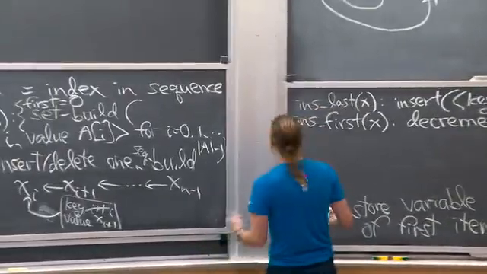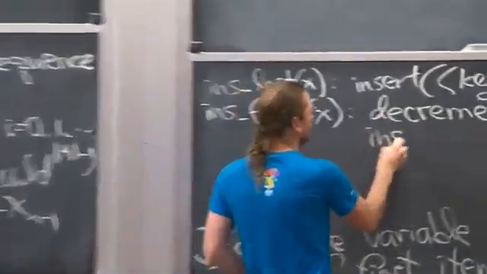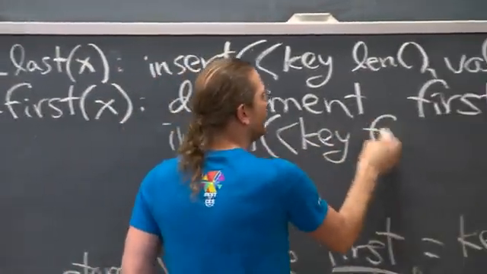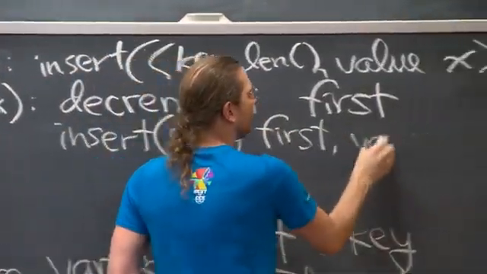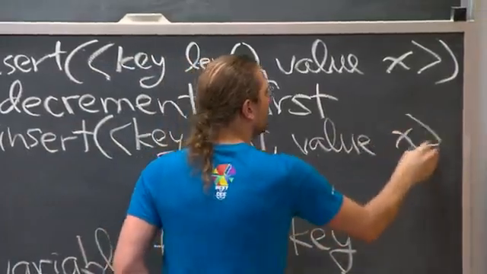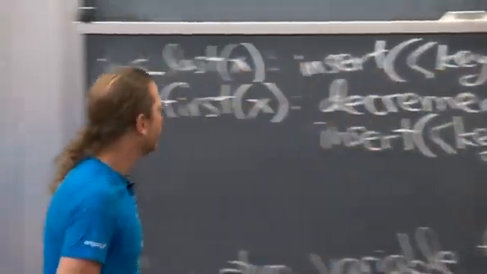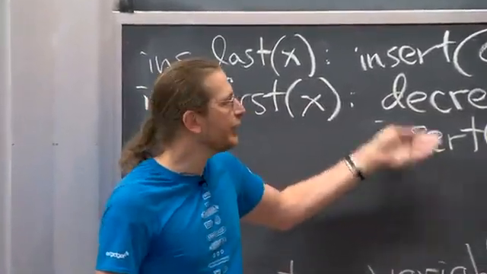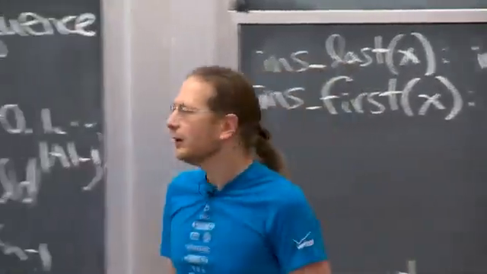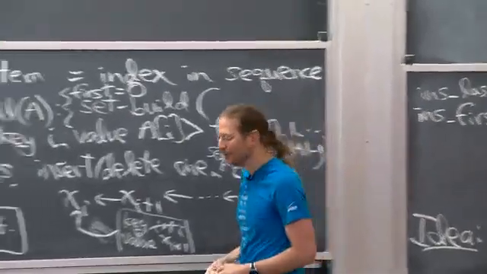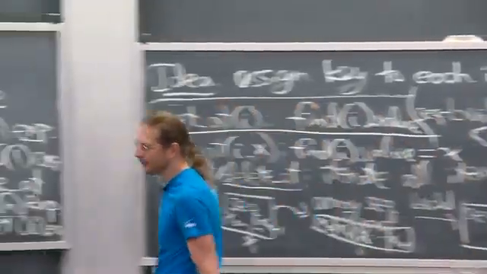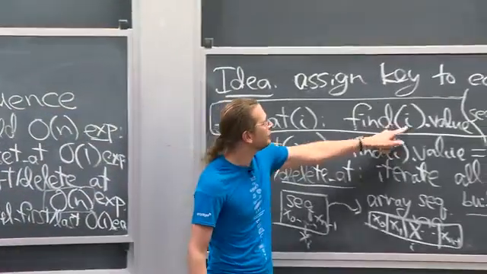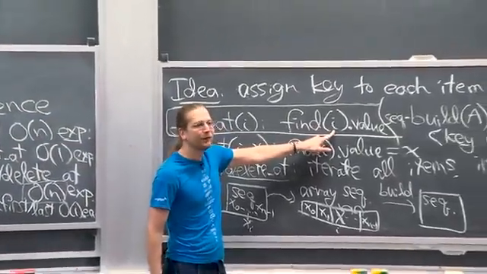And then I can insert an item with key first and value x. Great, and if I want to delete the first item, I would delete the item with key first and then increment first. And now all of my operations have to change a little bit. Let me use another color. Because I was implicitly assuming here that all my indices started at 0, but now they start at first.